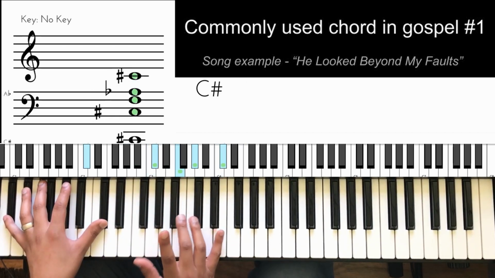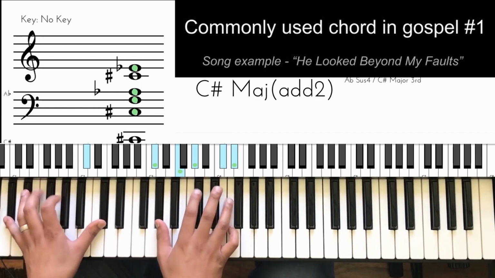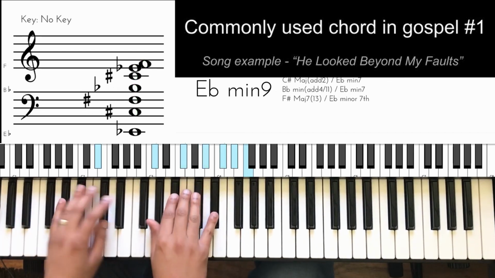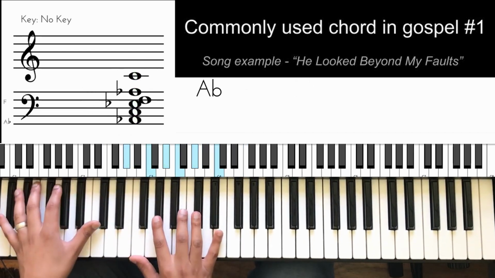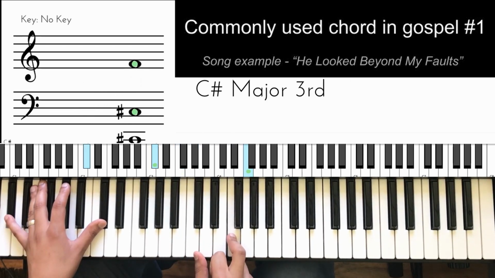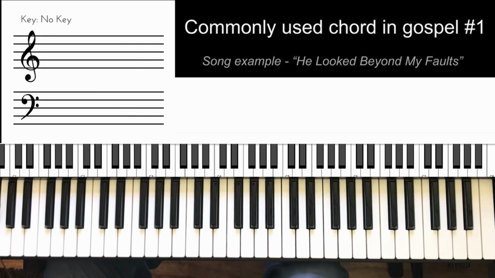Okay, so a lot of songs have that ending where they go on the 1, and then they go 2-5, back to the 1, and the melody is the 3 on the 1. Very specific. So in this particular example, you can substitute this particular chord and it will sound very nice.